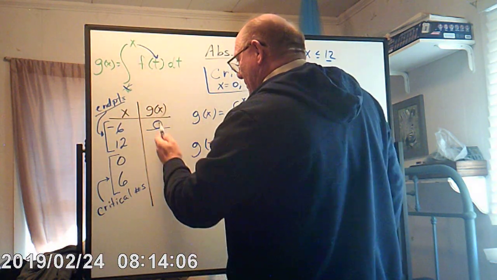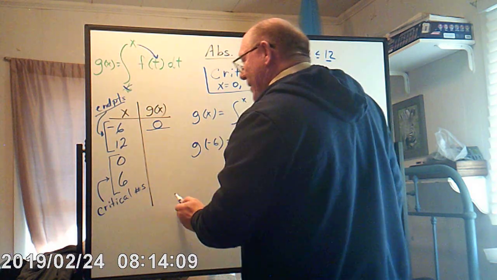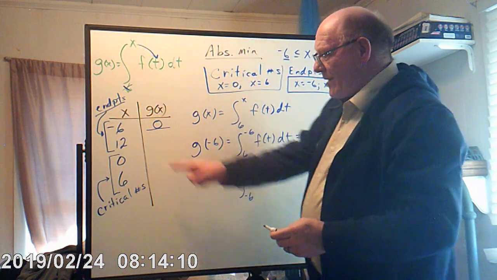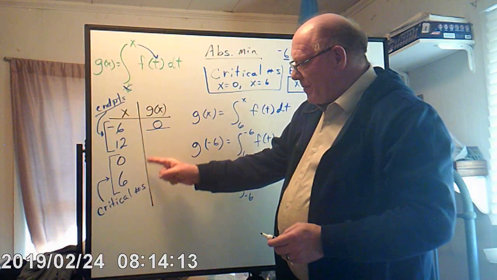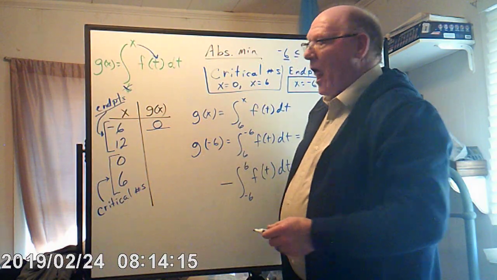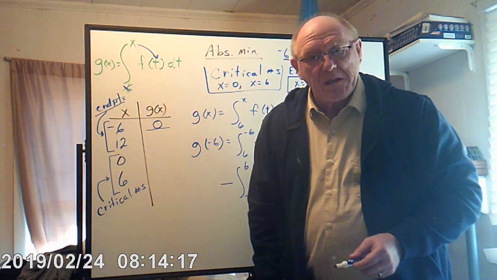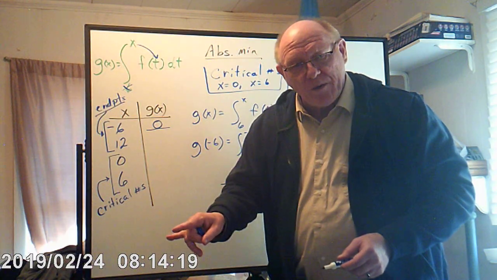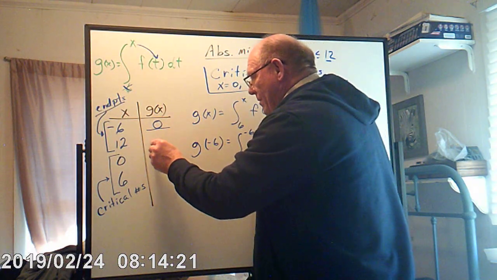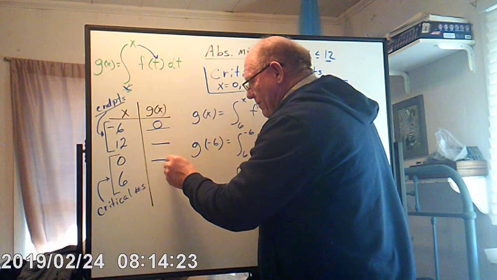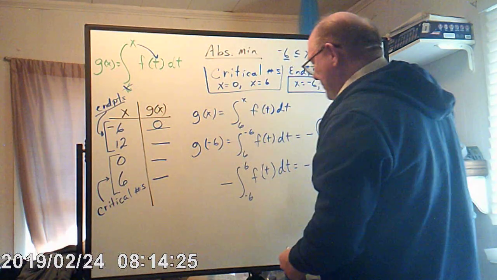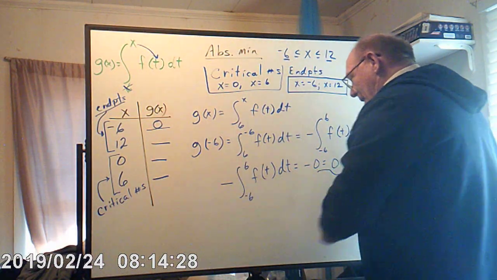Now what we're looking for, this is the y value in it. Which x value is going to make the y value the smallest? You hear me? The lowest. Is 0 the lowest? We're going to find out. Alright. Well, I have to erase this.